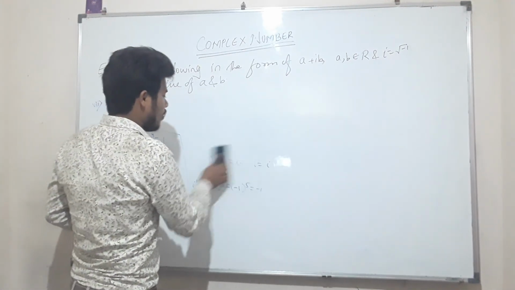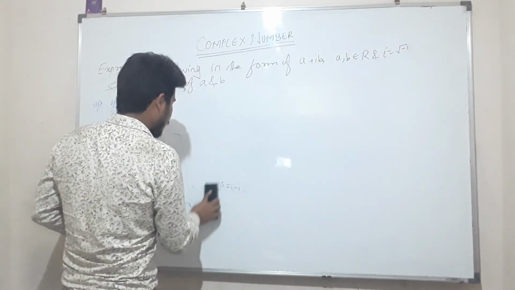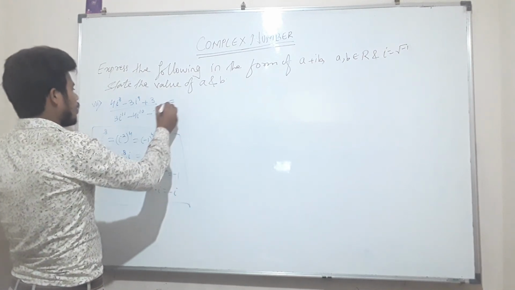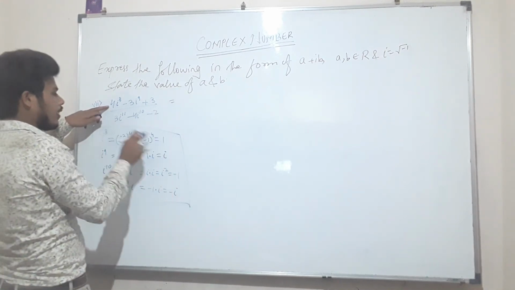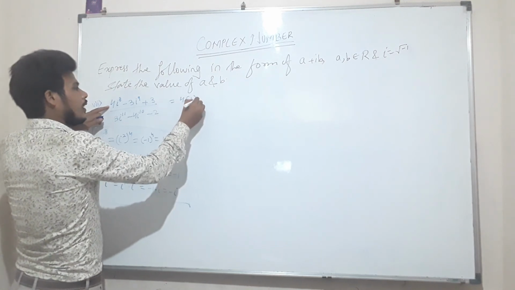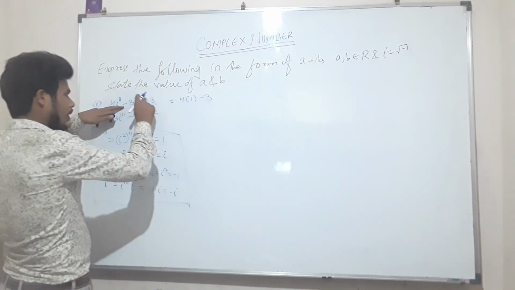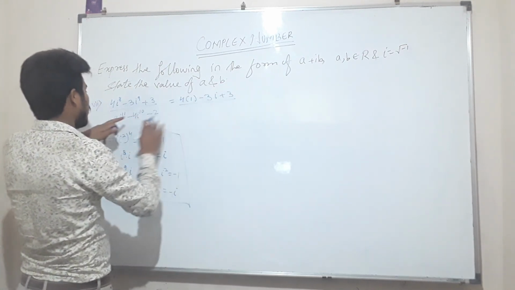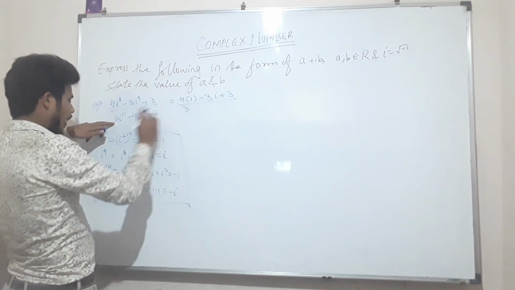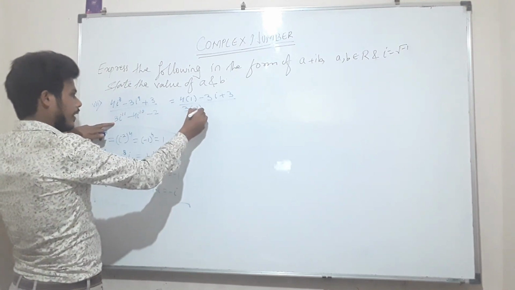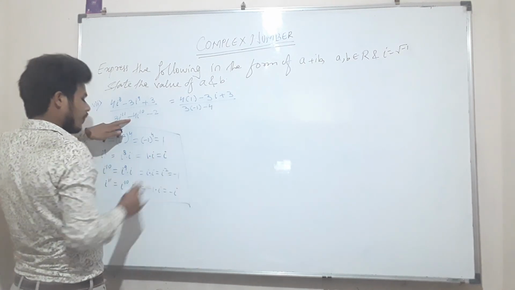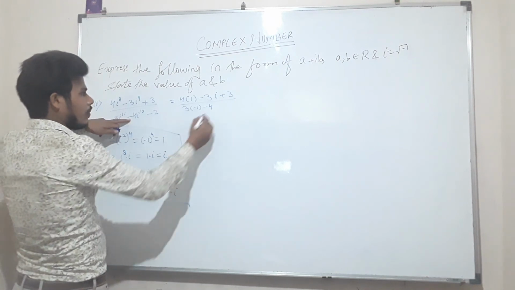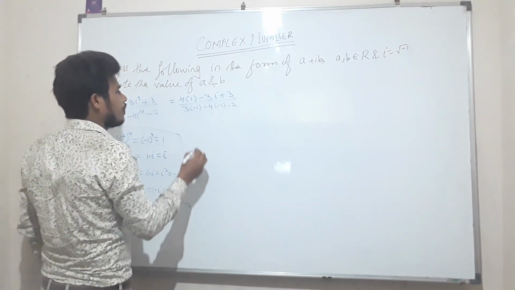Now we will substitute the values of i in the given question. So this question will change into: value of i raised to 8 is 1, so 4 into 1 minus 3 times i raised to 9 which is i, then plus 3 upon 3 times i raised to 11 which is minus i, then minus 4 times i raised to 10 which is minus 1, minus 2.